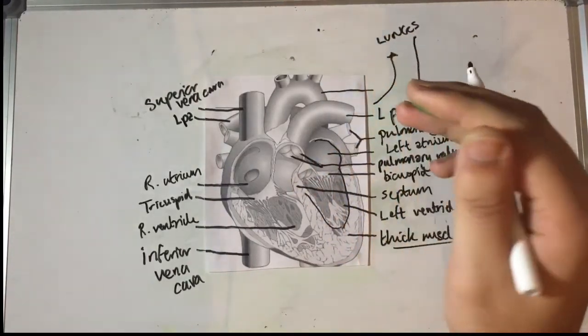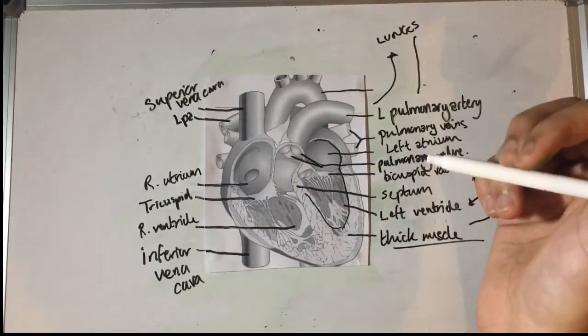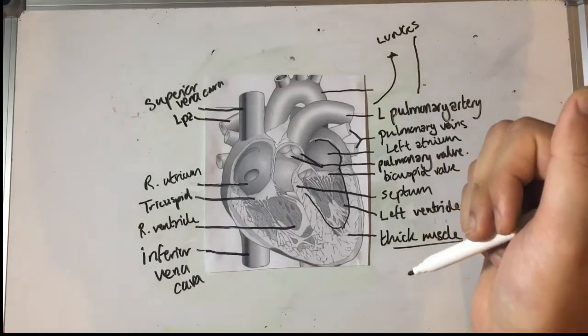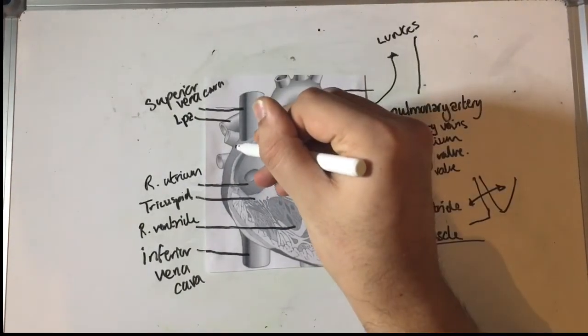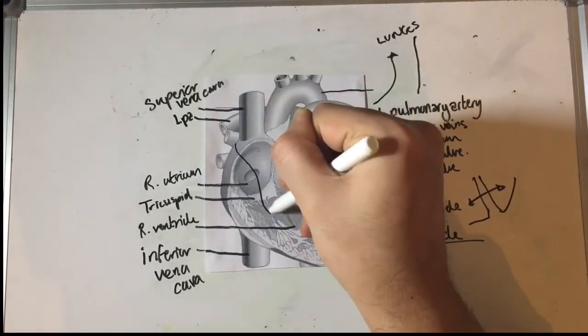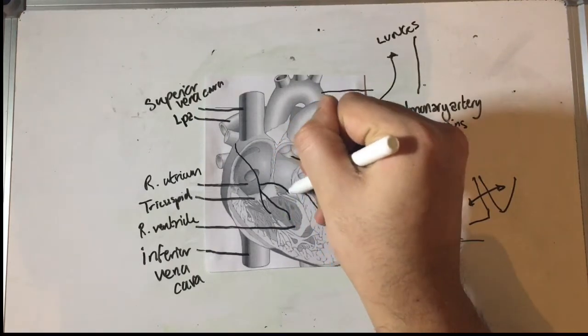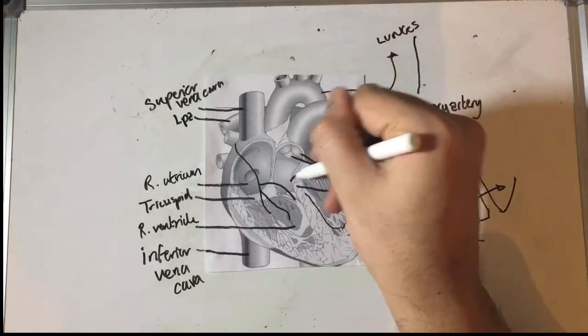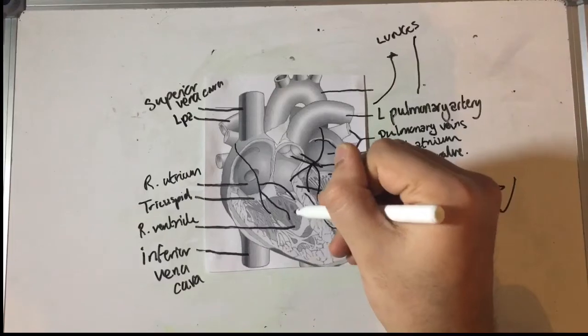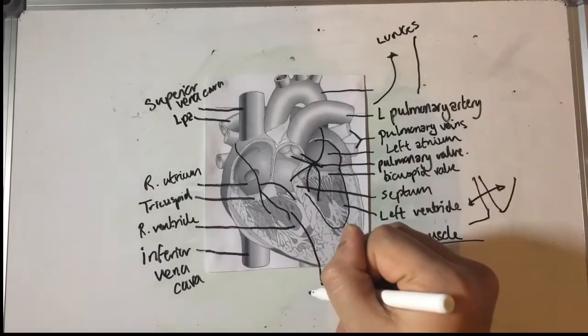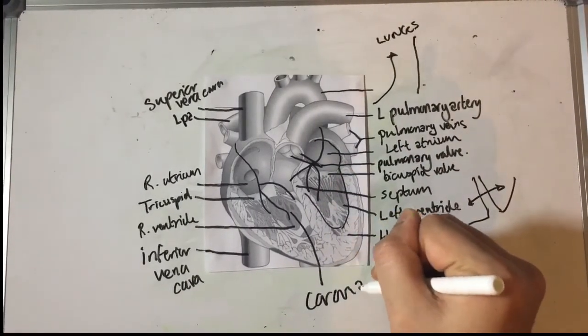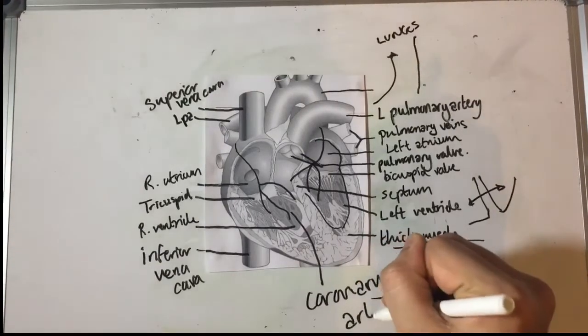So the heart muscle is supplied by its own supply of oxygenated blood through arteries on the surface, which you may see when you do your dissection. So these are coronary arteries.